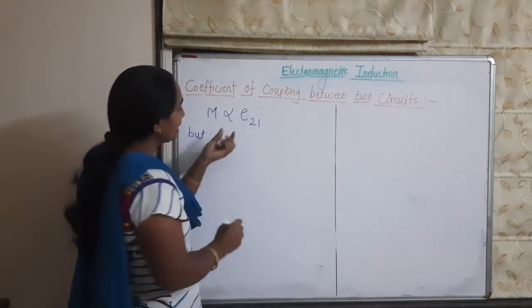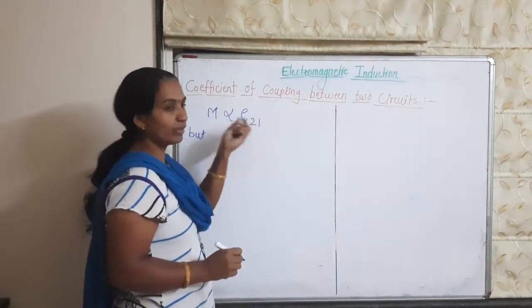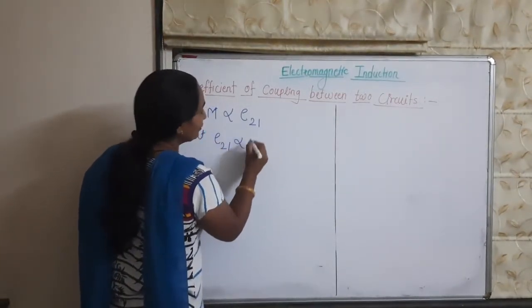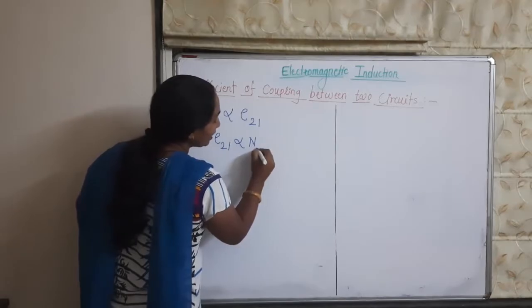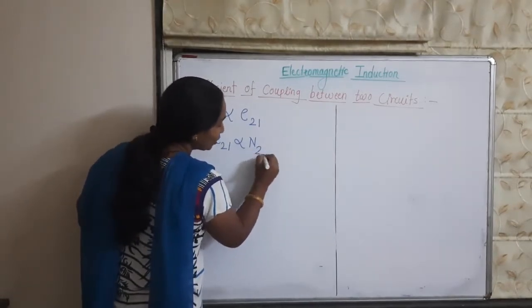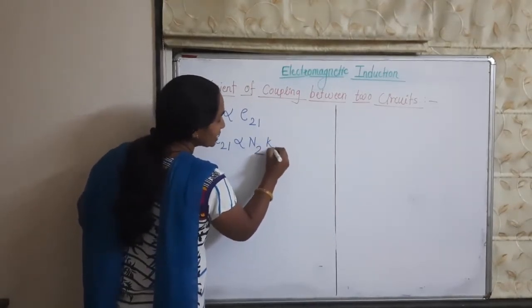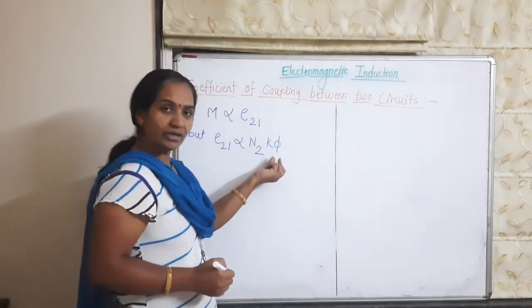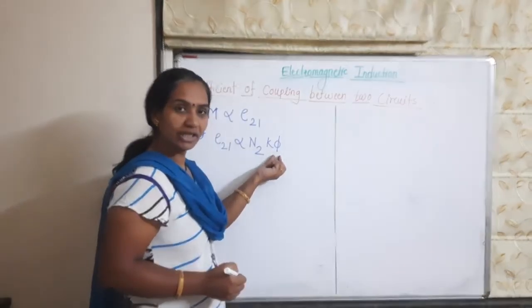But it also means the induced EMF is proportional to the number of turns of coil 2, which can also be written as K into phi. But where did this quantity come from?